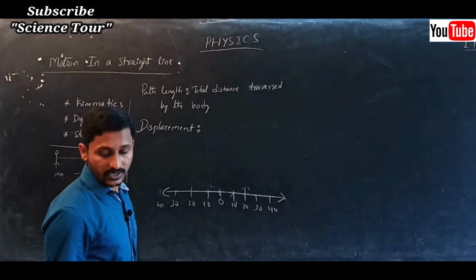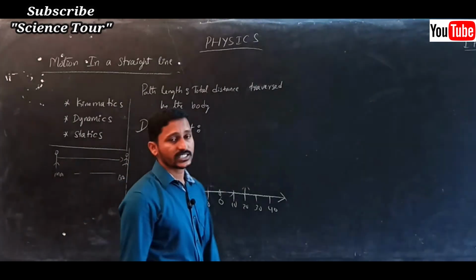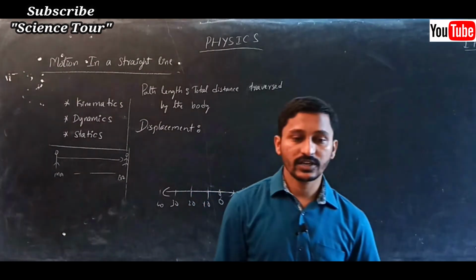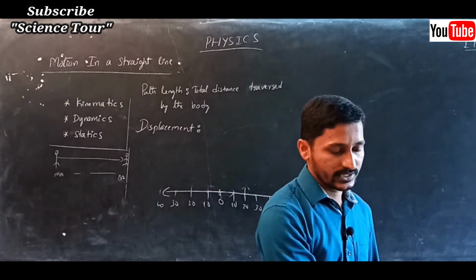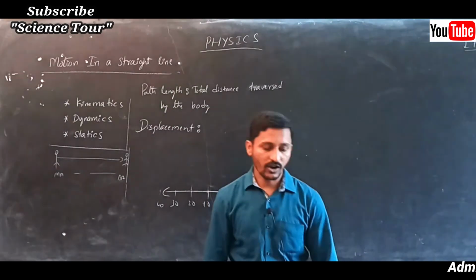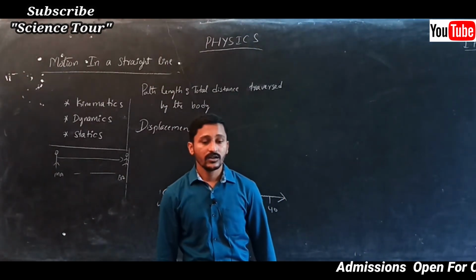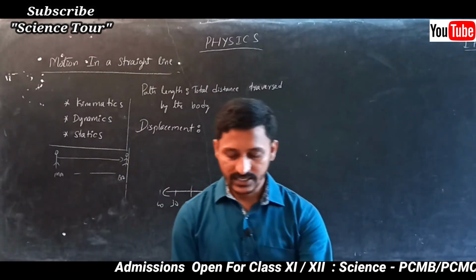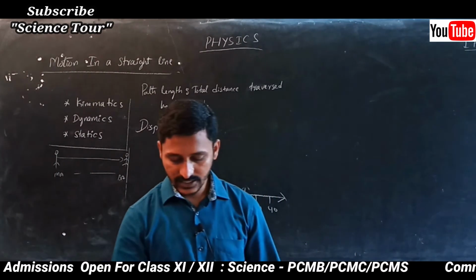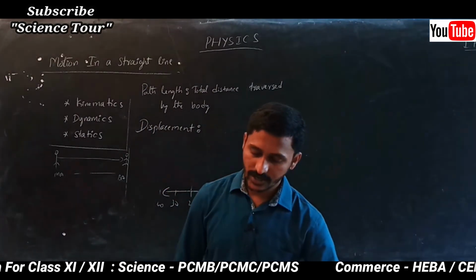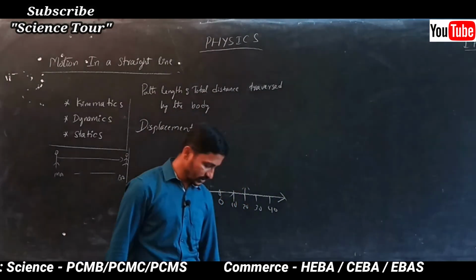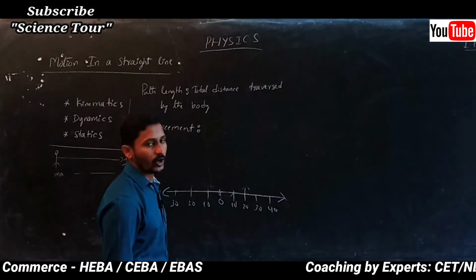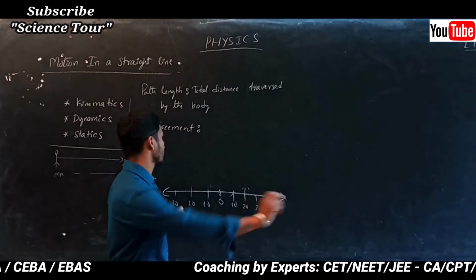Displacement is nothing but the shortest distance between the initial and final points. Or else it is the difference between the initial and final points. Or else it is the change in the position of the object in a particular direction.